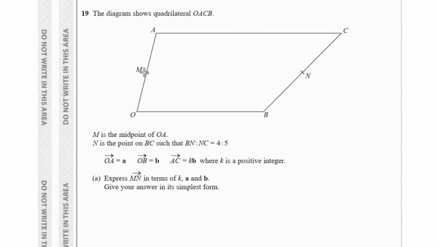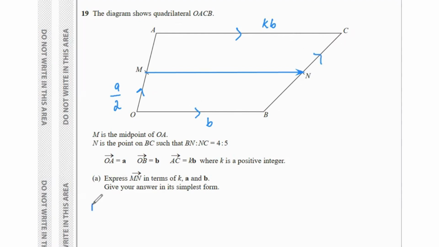So MN is this. To find MN, we know M is the midpoint of OA, so this is A over 2. OB is given as B, and AC is given as K times B. First, I'm going to find BC.